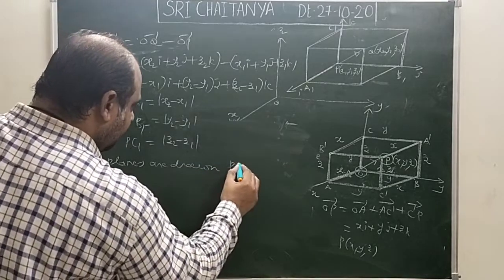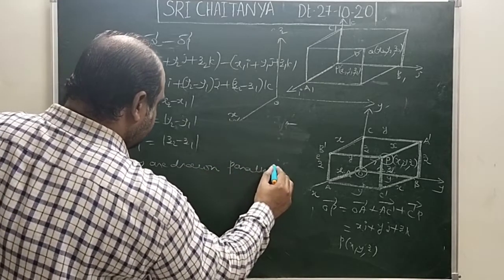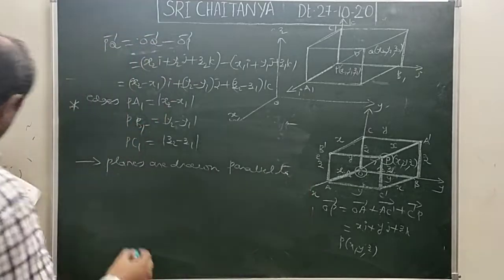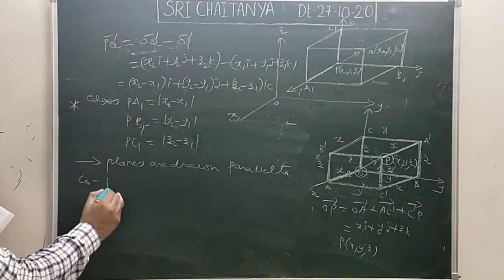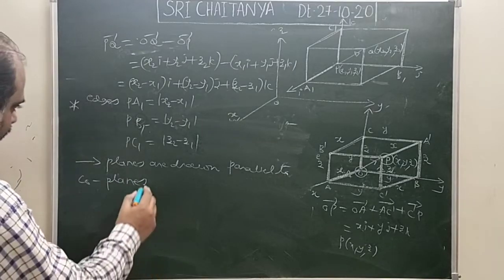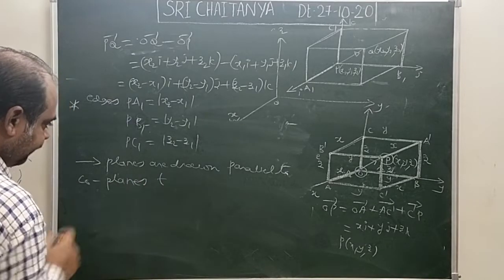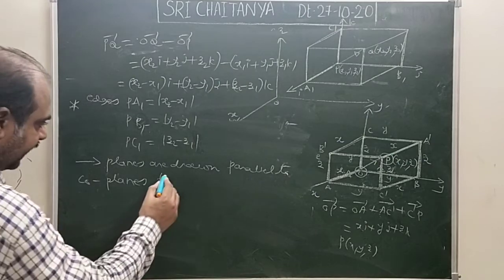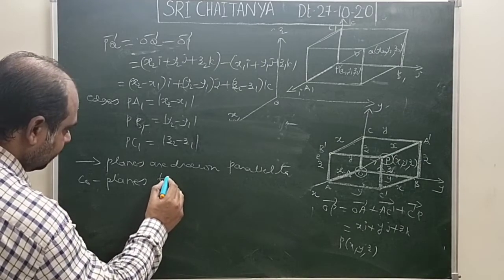Planes are drawn parallel to the coordinate planes. Parallel to the coordinate planes means what? The XY plane, YZ plane, ZX plane.